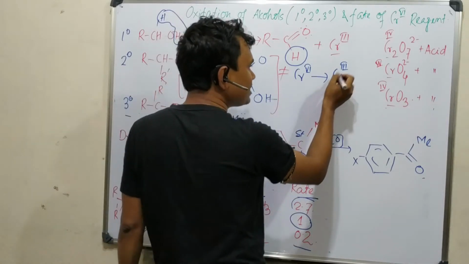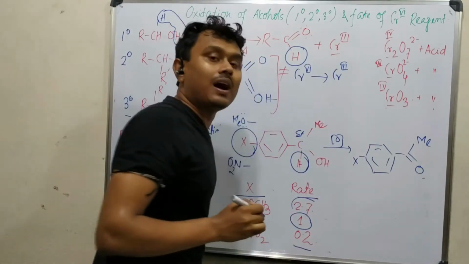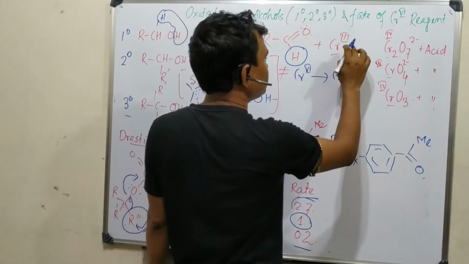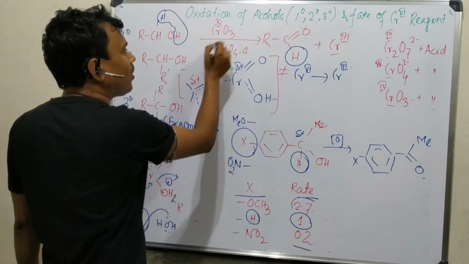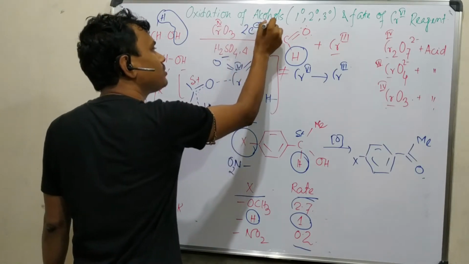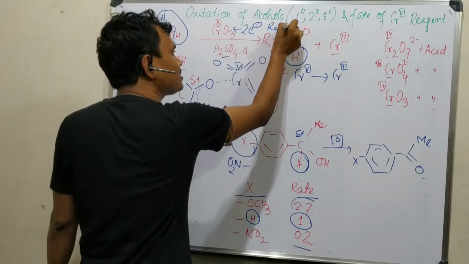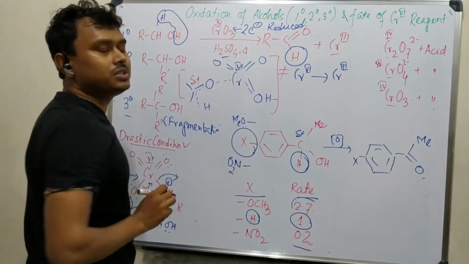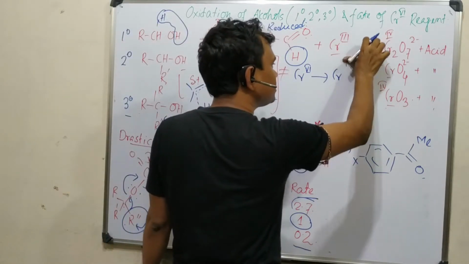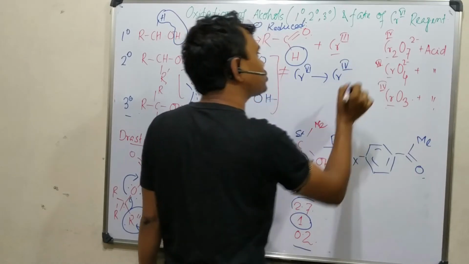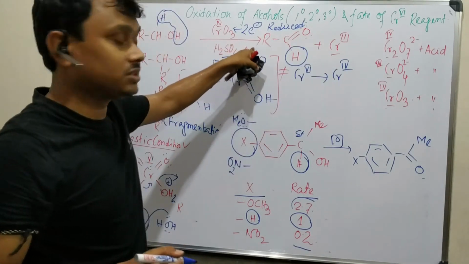Second step, this chromium 3 and chromium 6 further react. But this alcohol oxidation is a 2 electron process, so chromium is 2 electron reduced. Chromium 6 should not directly become chromium 3, and that is the twist here: chromium 6 to chromium 3 is a 3 electron reduction, but this process is a 2 electron reduction.